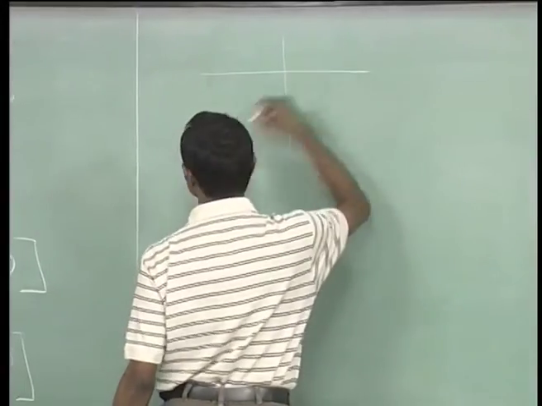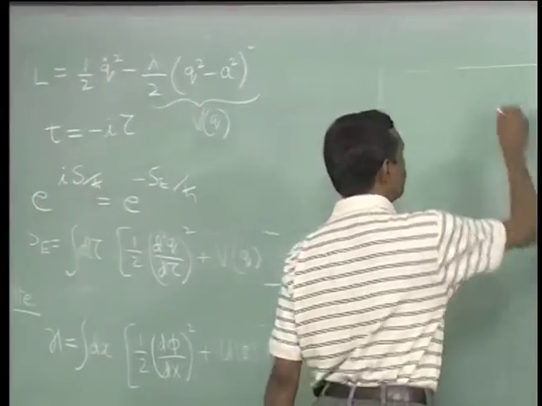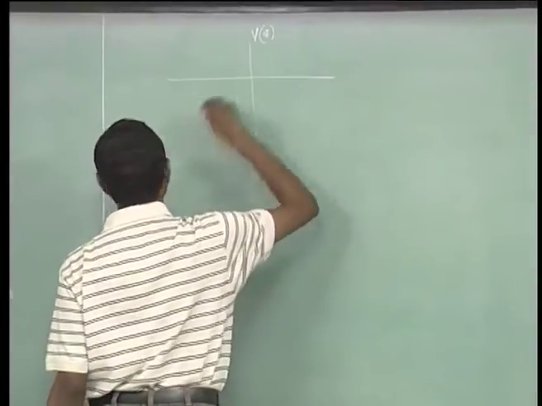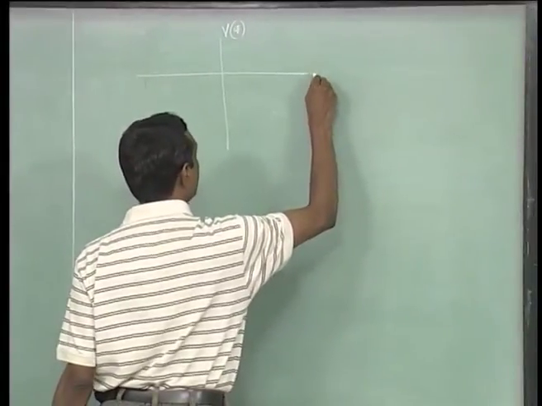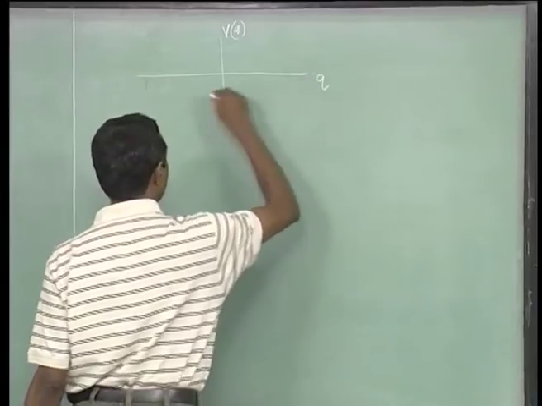Let us plot this now. Whenever I am plotting V of q, I will plot the one which I have written out there versus q.